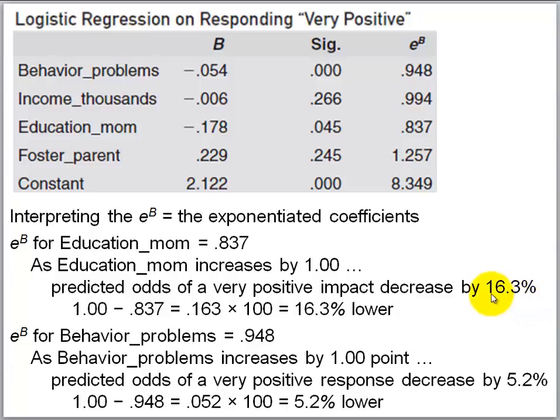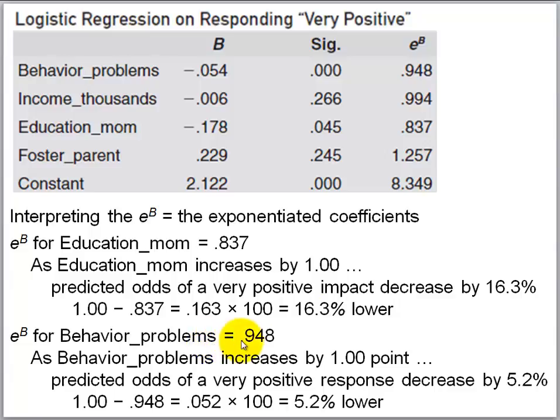And where does this 16.3% come from? Well, what you can do is take 1 and subtract from 1 0.837, that is the coefficient, which yields 0.163, and then multiply times 100. And so we get 16.3% lower.